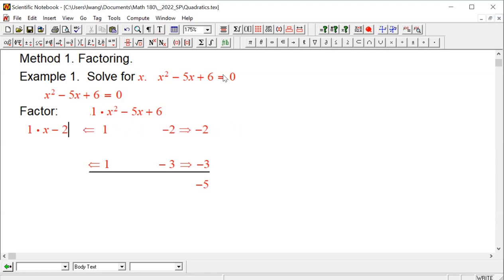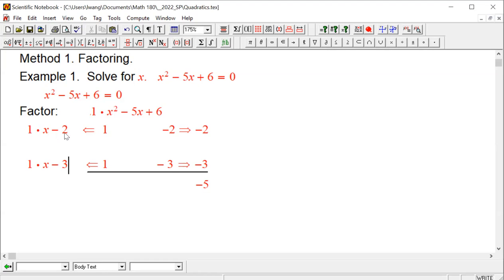That's what the first row gave me. The second row gave me 1 and -3. So the first number will be 1 times X, and the second number is -3. Okay, I hope this is clear. And now we found our factors. Of course, 1 times X -2 is X -2.